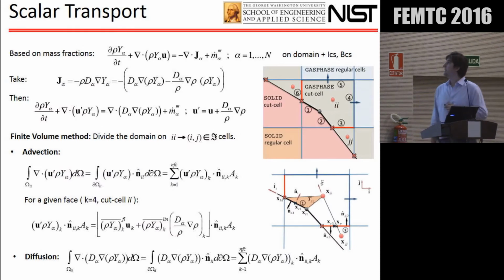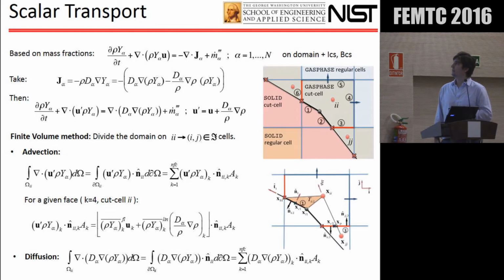So here we have scalar transport. The first equation is just a scalar transport equation. It's just a conservation statement for each of the chemical species. So we have our advective flux, our diffusive fluxes. The diffusive fluxes can be cast in a two-term way, like what we have here.